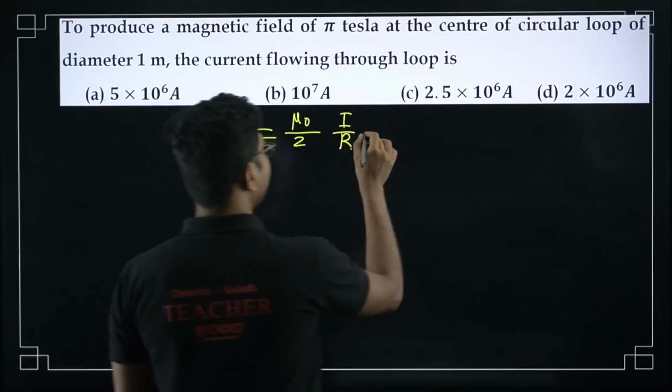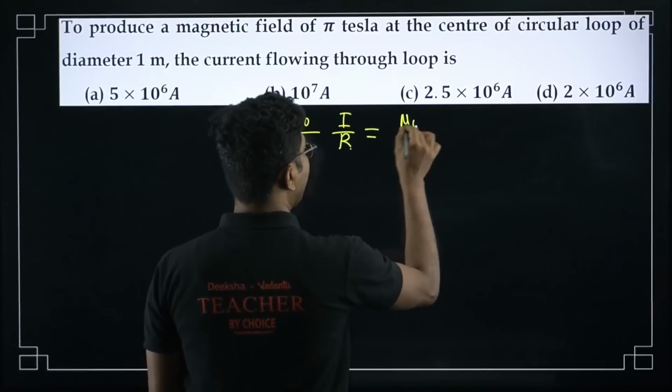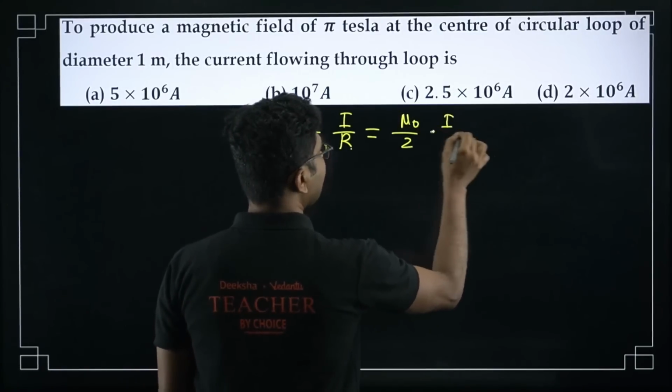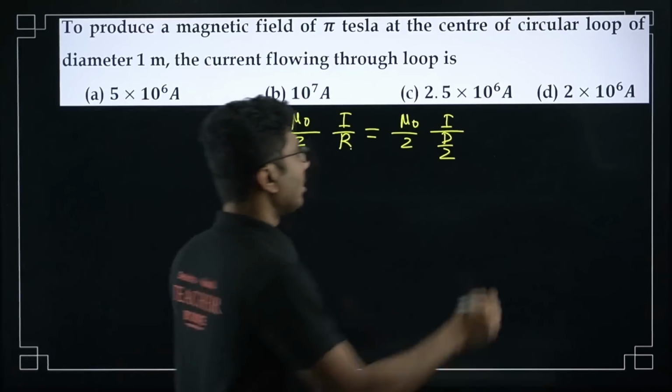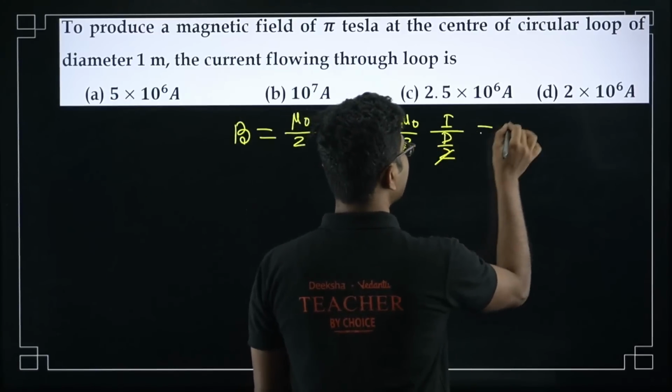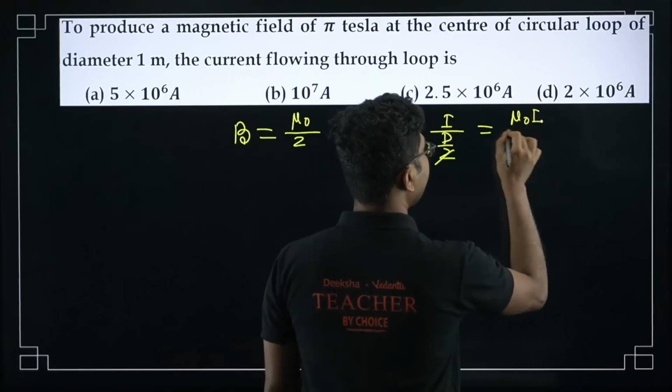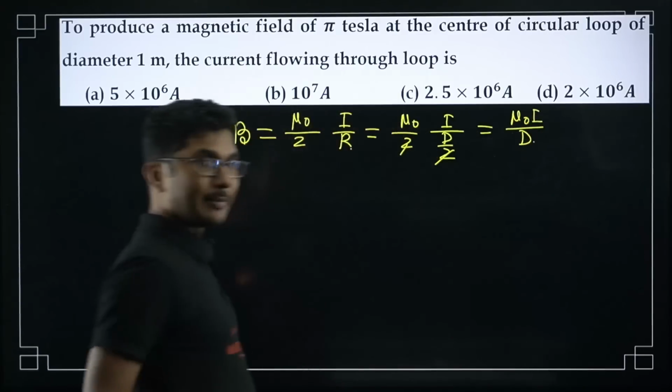So diameter 1 meter means mu naught by 2 I by d by 2. Okay, d is the diameter, so this 2 cancels and you get mu naught I by d. D is the diameter over here.